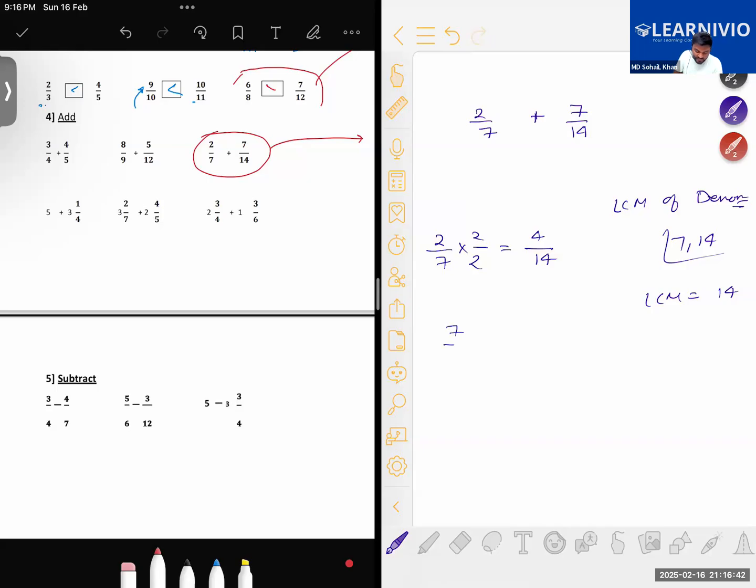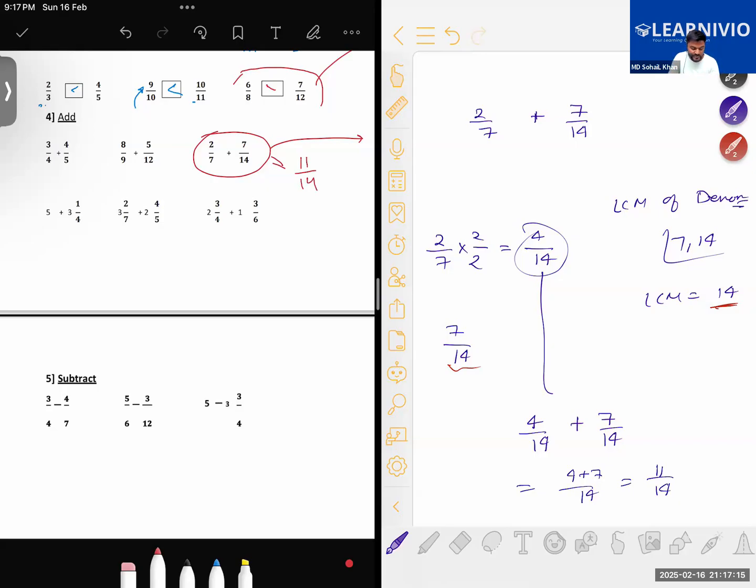As for 7 upon 14, we don't need to convert it because the denominator is already 14. So now you add: 4 upon 14 plus 7 upon 14. So 4 plus 7 upon 14, and that's 11 upon 14. So the right answer is 11 upon 14. Got it?